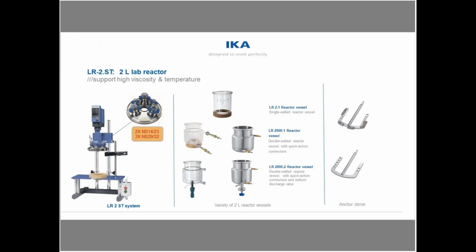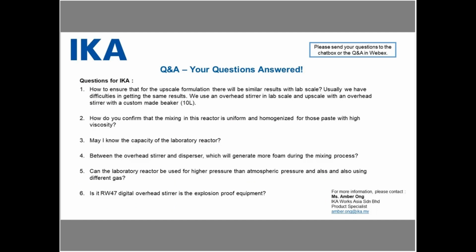But if let's say you want to create pressure in the vessel, for this the LR2SC and LR1000 are not suitable. But if let's say you require a high pressure tank, you also can send your inquiry to me. We do have the process team, which actually has the high pressure tank as an option.